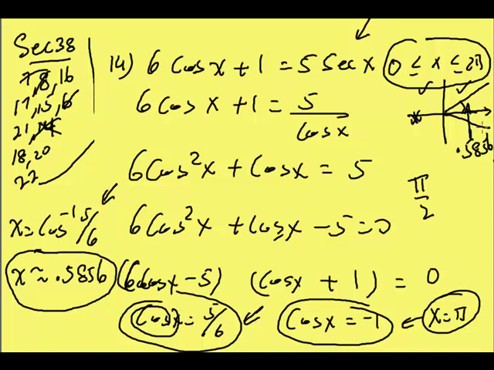Now, how do I find this angle? Well, this angle is really 0.586 less than 2 pi.